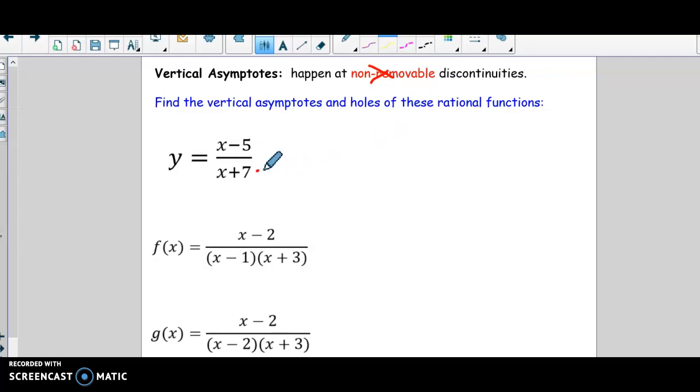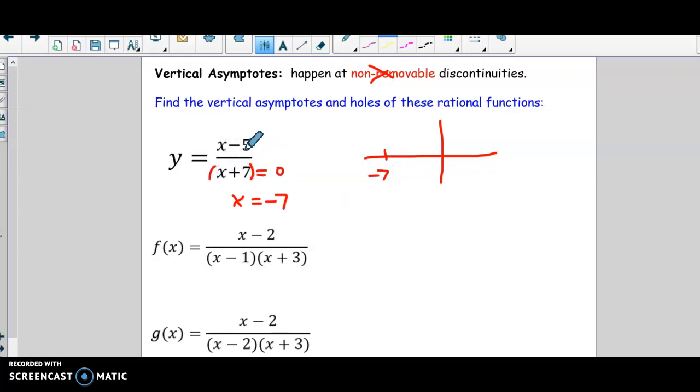So for our first one, we want to say, okay, when is this denominator 0? And if you subtract 7 from both sides, we find that that happens when x is negative 7. All right, then we would have negative 12 divided by 0, and that would be an error. So to determine what happens on our graph at negative 7, later today when we graph, we're going to be over here at negative 7. You have to say, well, does this little factor have a match up top?